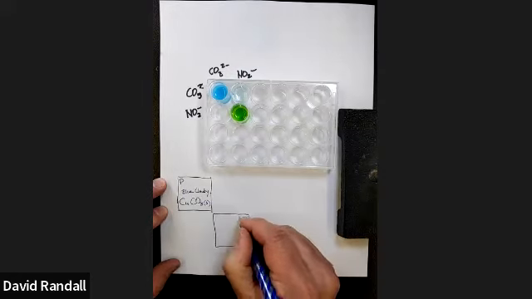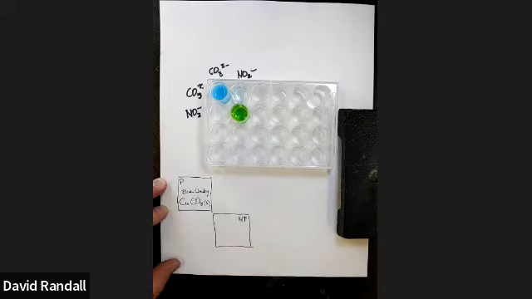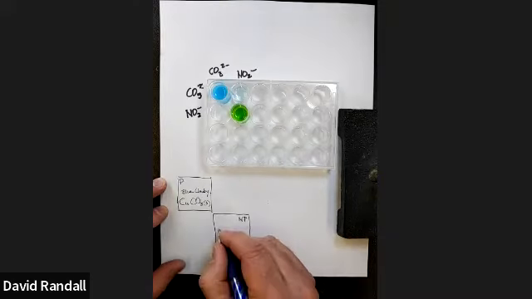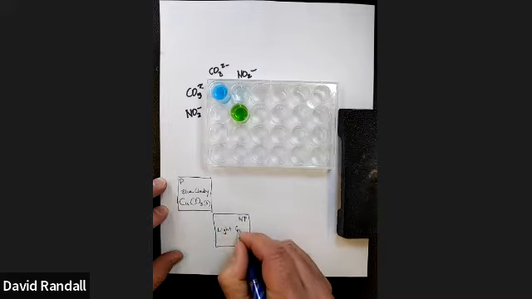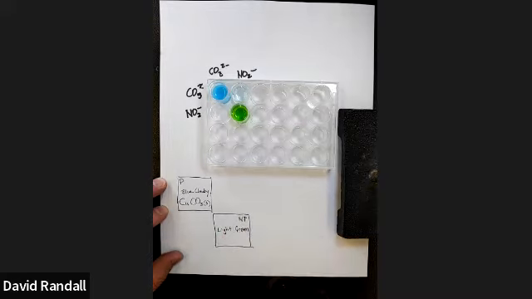So I could write NP there for no precipitate, and light green or whatever color description I want to use. That there's no precipitate is a little more obvious if you're looking at it in person.